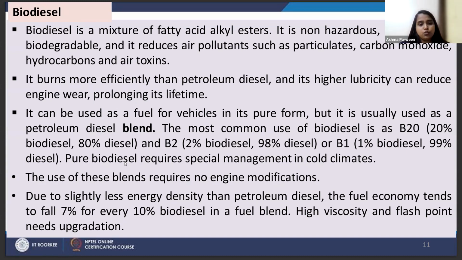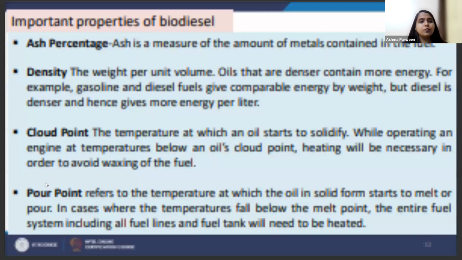If we are using a blend of biodiesel along with conventional diesel, there is no requirement of engine modification. We can use this blend in the already present engines of vehicles. One of the problems is the high viscosity and flash point, which needs upgradation for biodiesel. We'll see what viscosity and flash point are in the next slides.